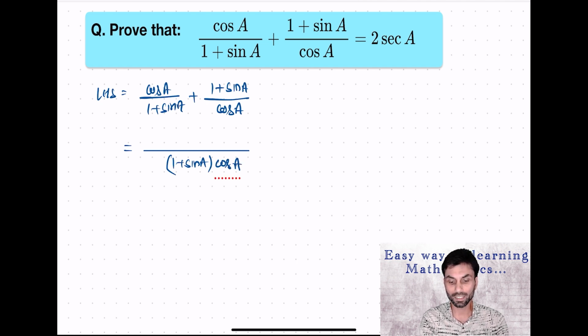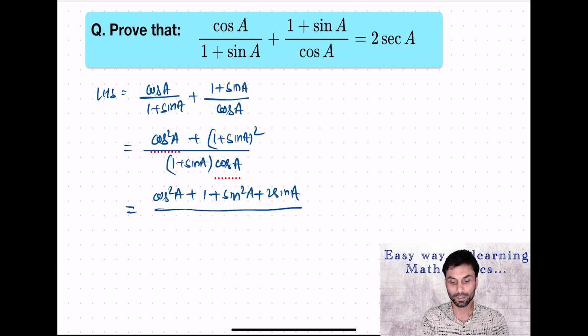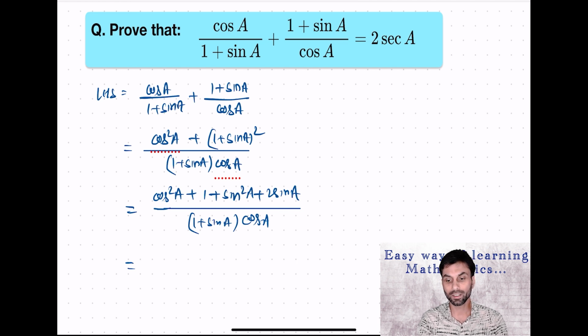Now this can be written as cos square A plus, cos A is a common factor, it will be (1 plus sin A) whole square. Now when we expand the numerator, we'll get 1 plus sin square A plus 2 sin A upon (1 plus sin A) into cos A. Now we know that sin square theta plus cos square theta is 1.